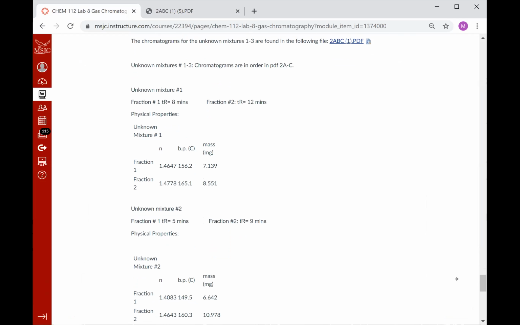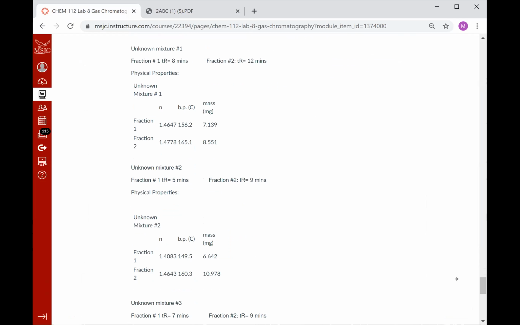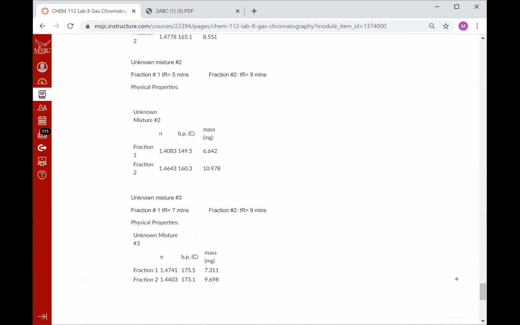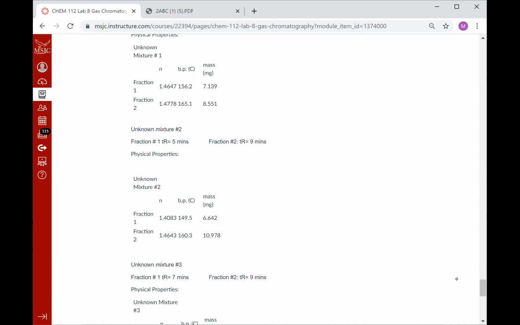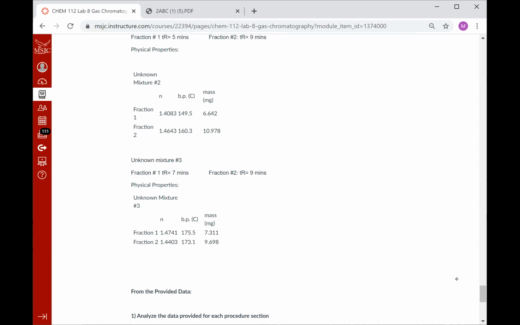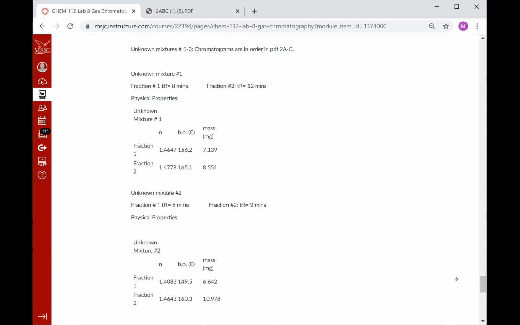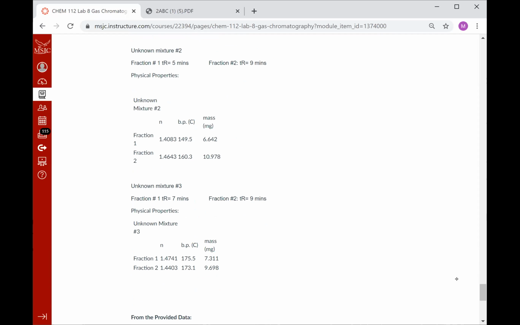For your unknown mixtures, I provided you the retention times and physical property data, and your job is to assign every single component of each of these 2 mixtures to one of the 8 compounds found in your lab manual, experiment 2.